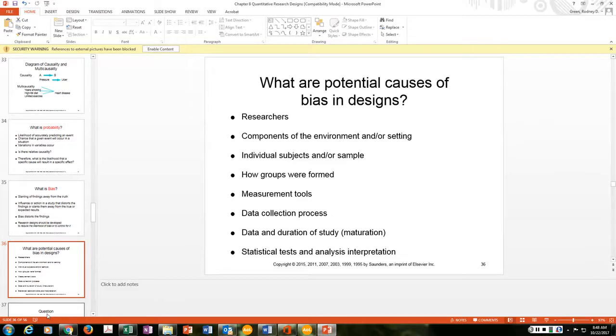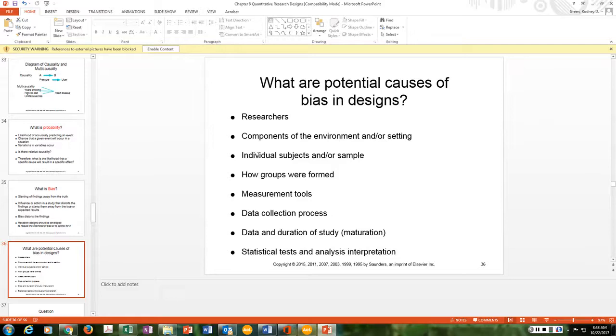Causes of bias in designs are things that the researcher does, their attitudes, their motivation, whether conscious or unconscious, things about the environment, things about the subjects or the sample.